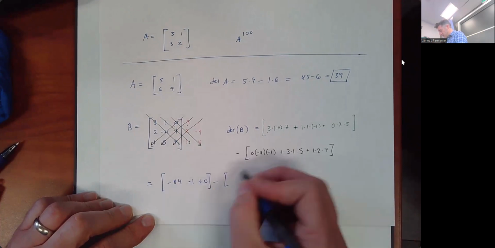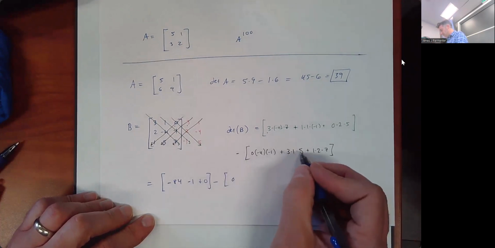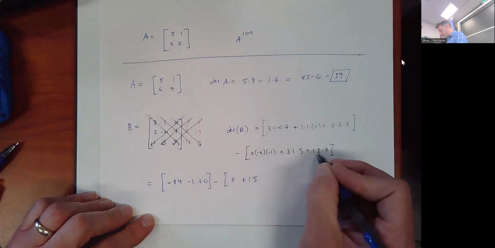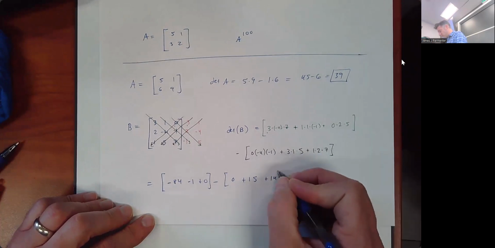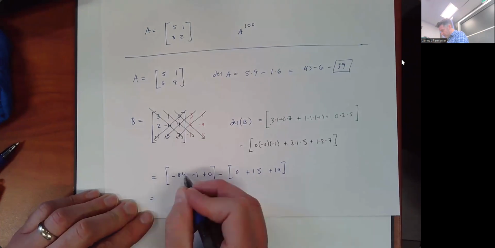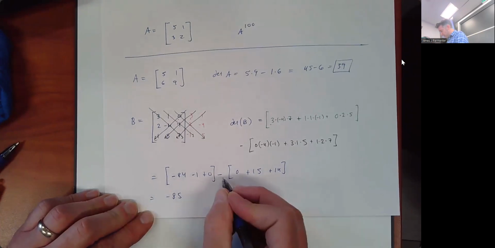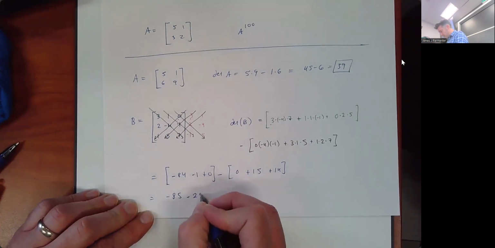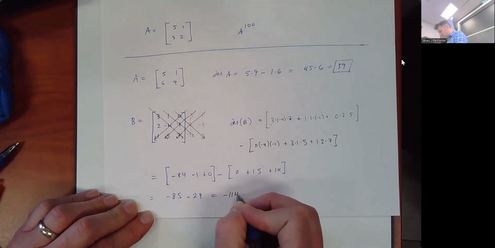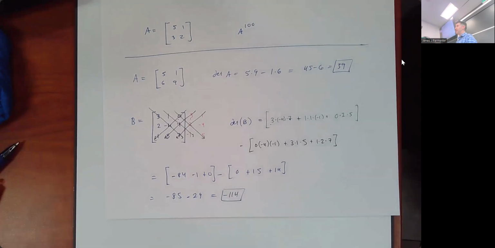Minus 0 times stuff is 0. 3 times 1 times 5 is 15. 1 times 2 times 7 is 14. So it looks like we got negative 85 minus 29, which I think is negative 114. That is the fastest way to find the determinant of a 3 by 3 matrix. It is definitely not the only way, but it is the fastest way.